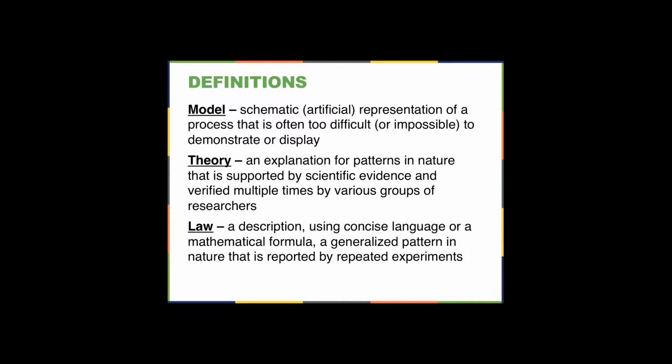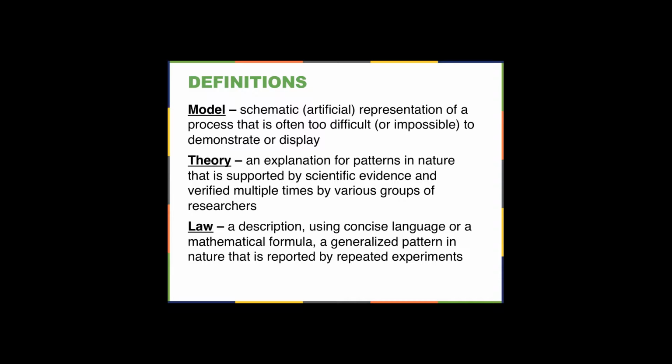Now, on the other hand, a law is a concise description, many times using mathematical formulas, for a pattern in nature that has been shown in repeated experiments. So, for example, the law of gravity has been shown to occur over and over and over again.